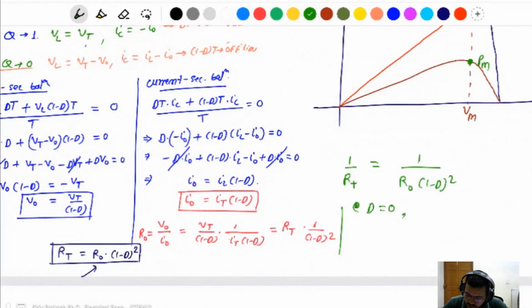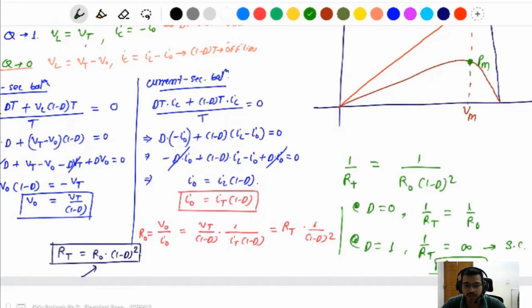At D is equal to 0, 1 by RT is equal to 1 by R naught, and at D is equal to 1, 1 by RT is equal to infinity. It means this acts as a short circuit. 1 by RT is infinity, it means RT is equal to 0. The input terminal resistance will be 0, which means short circuit.